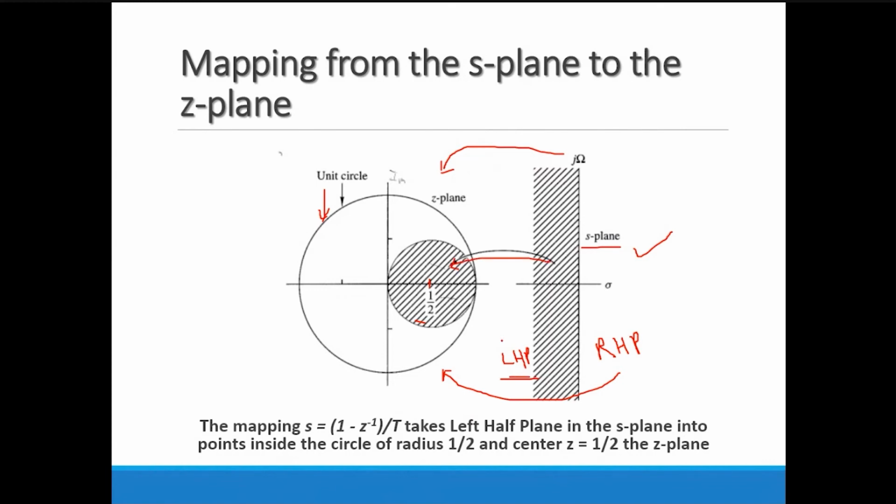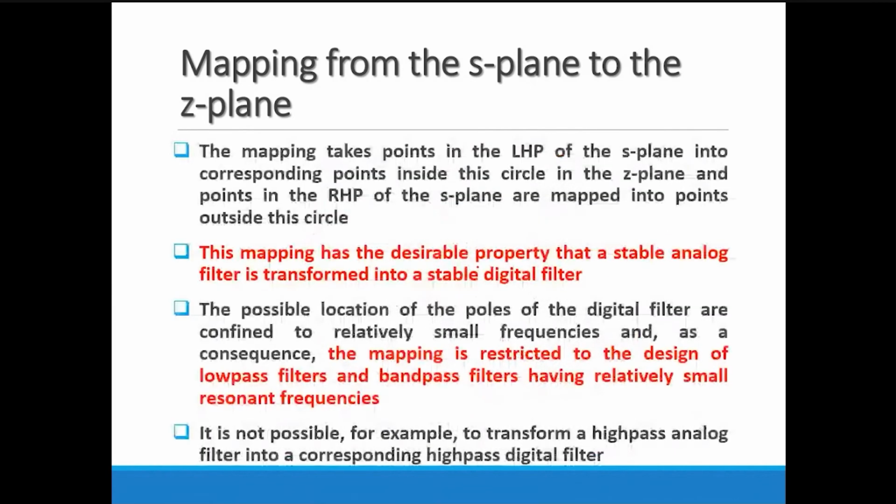The meaning is that this mapping has the desired property that a stable analog filter is transformed into a stable digital filter. Whenever all points are in the left half plane in the analog filter, we can say that the filter is stable. Similarly, in the z domain, the points are stable whenever they fall inside the unit circle.